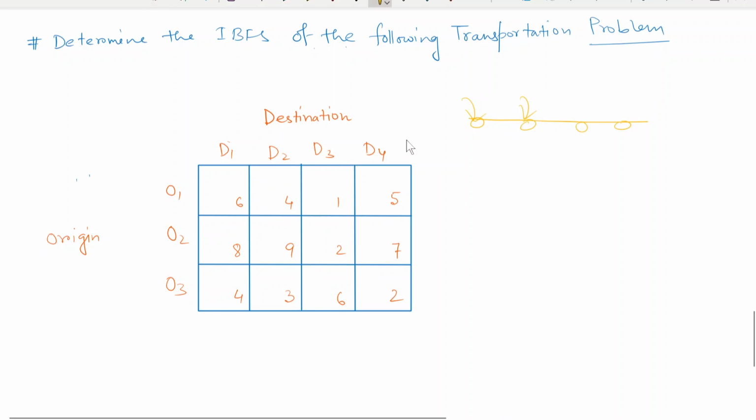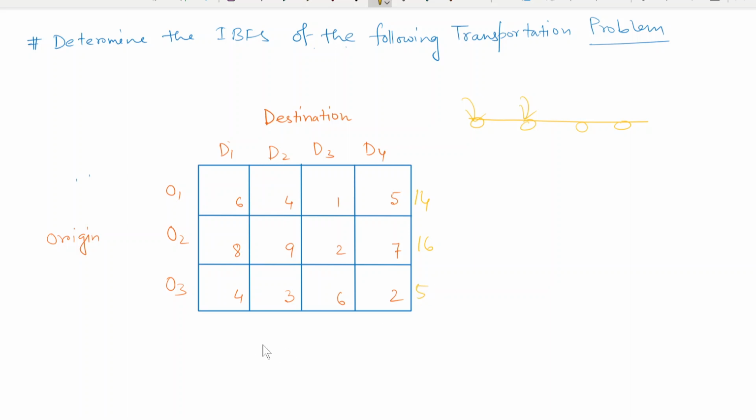And in the column minimum method, we first take one column, suppose the first column, then we see these elements and take the minimum most cost, and allocate the minimum quantity of the demands of the destinations and the availability of stocks.